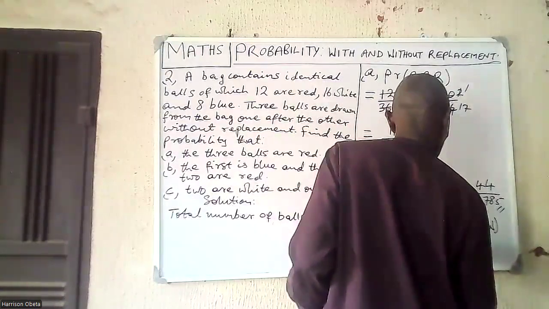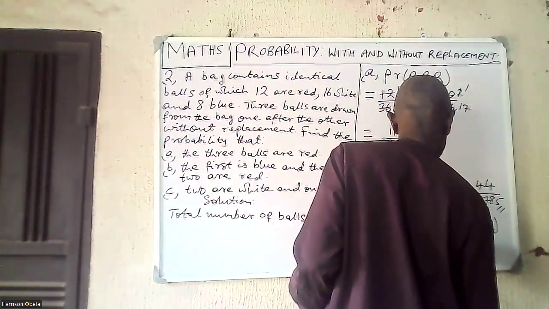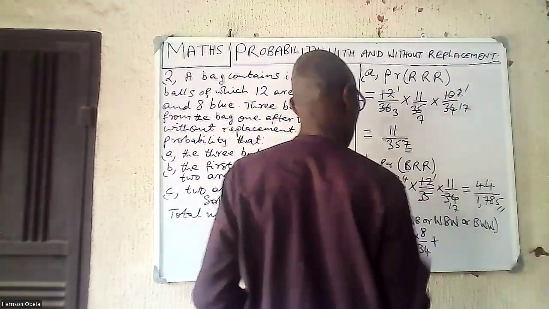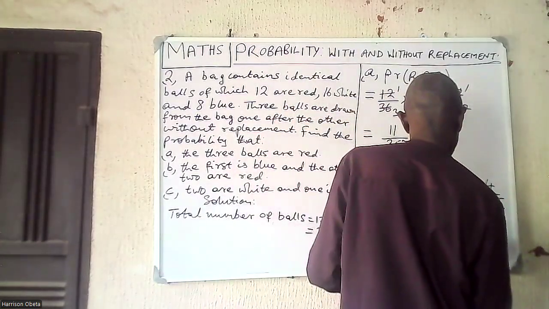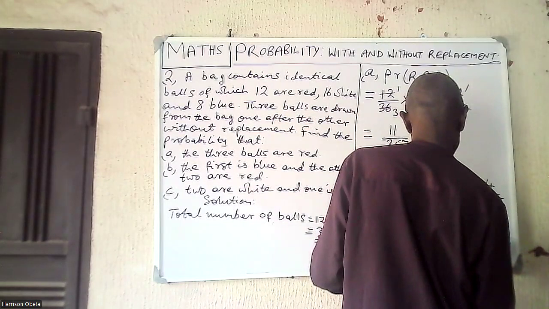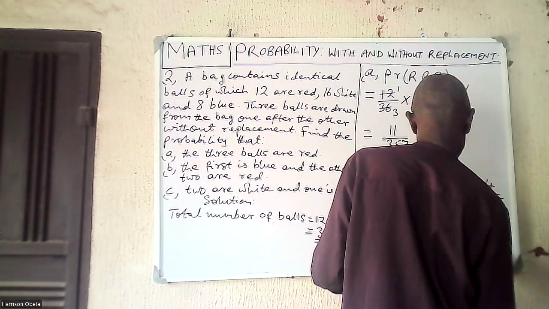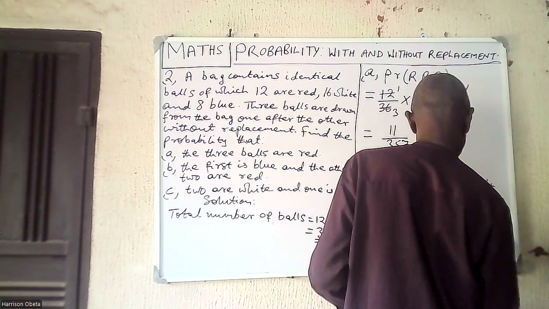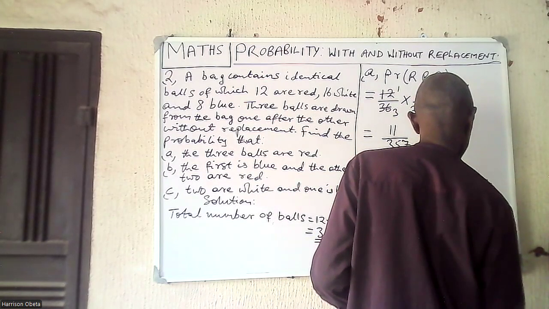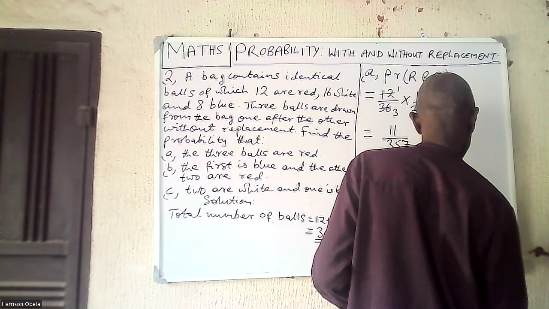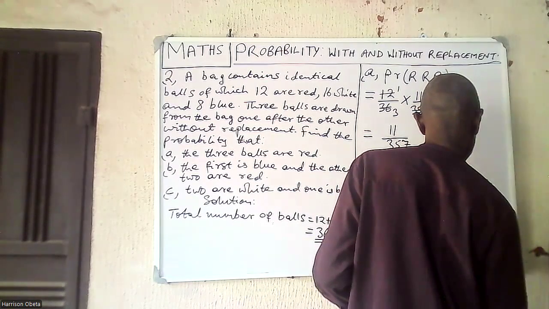Now plus, because "or" means addition, plus 16 over 36 times 8 over 35 times again 15 over 34.